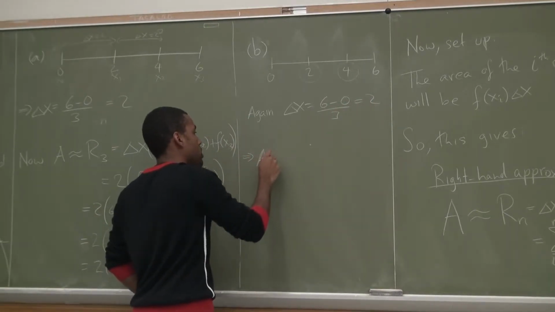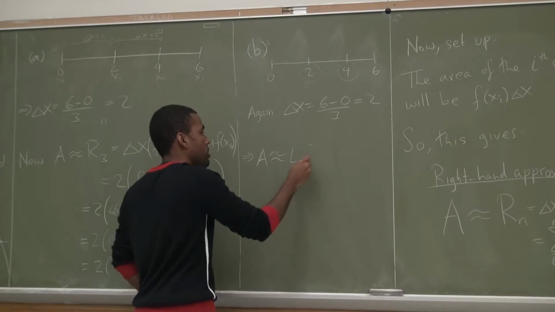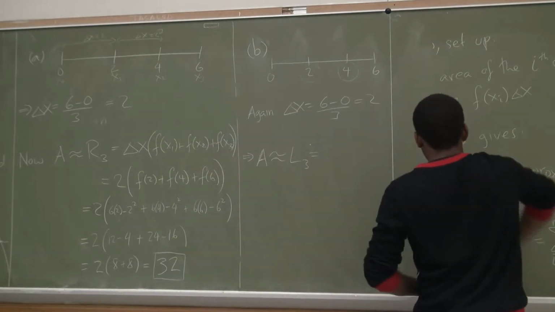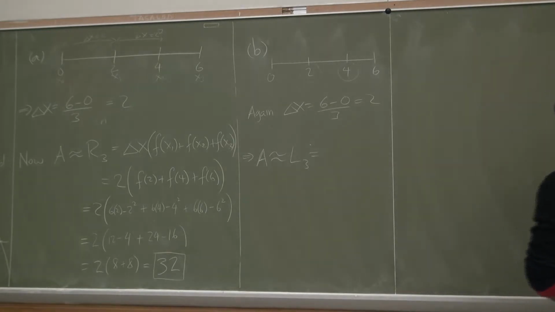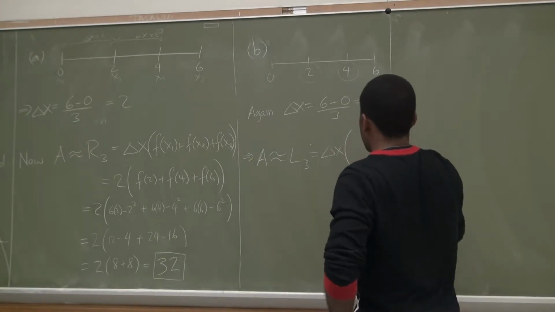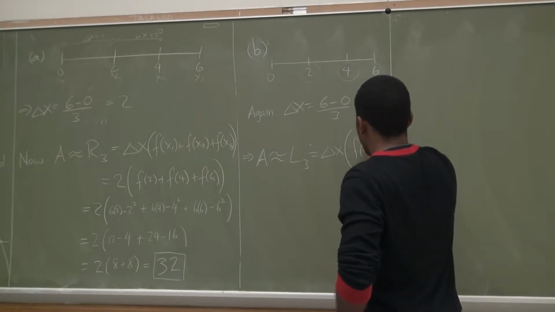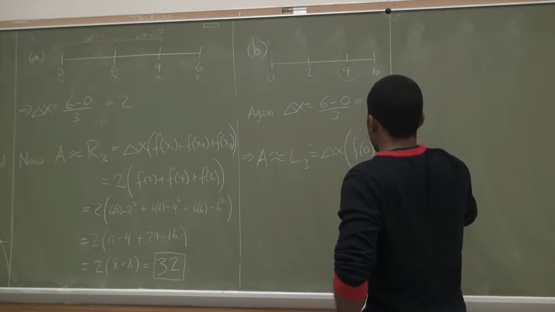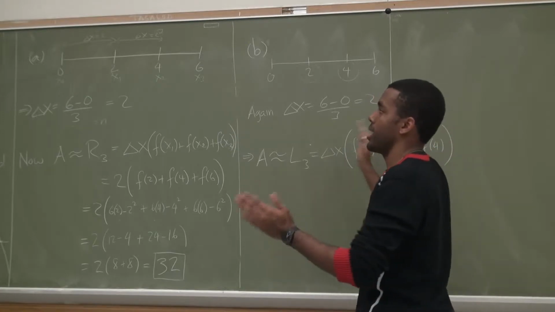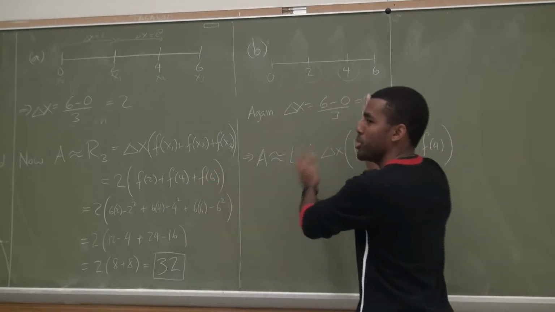This means that your area is approximately the left hand 3, just delta x times f of 0 plus f of 2. But we have to repeat the delta x. No, but I'm sort of pretending like I didn't do that.